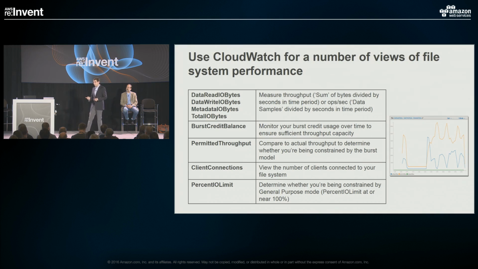If you have 5 terabytes, it's 500 megabytes per second. There are details in our documentation on this, but I just wanted to give you a feel for what that bursting model is like. These two CloudWatch metrics, burst credit balance and permitted throughput, give you visibility into how you're doing from a burst credit perspective, and whether you need to add more data in order to get the level of throughput that you want.